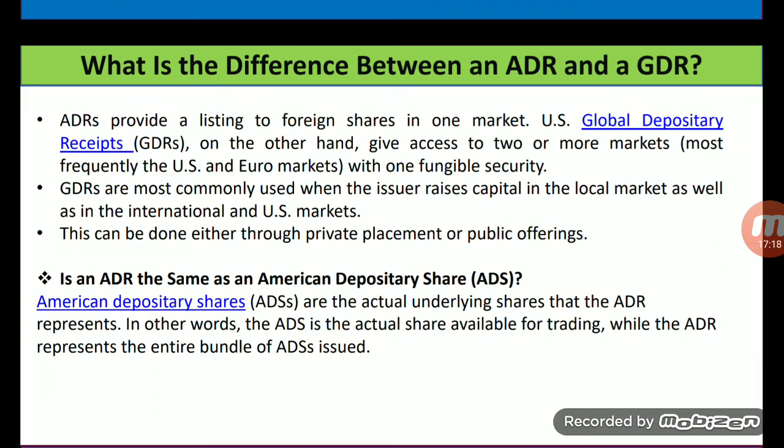What is the difference between ADR and GDR?